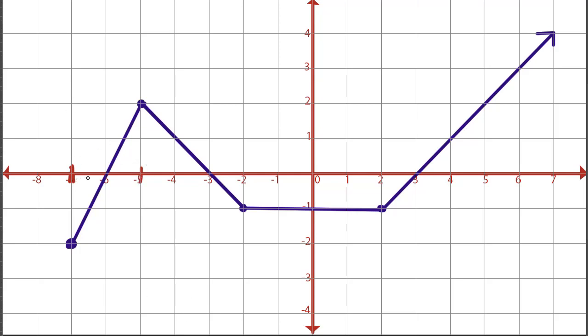So that is one of our increasing intervals. Then it also goes up starting here at 2, and it continues to go up all the way to positive infinity. So everything from 2 out to positive infinity is part of our increasing interval.